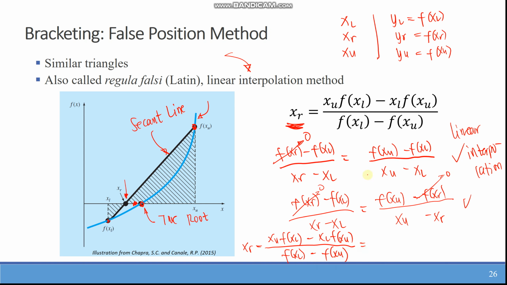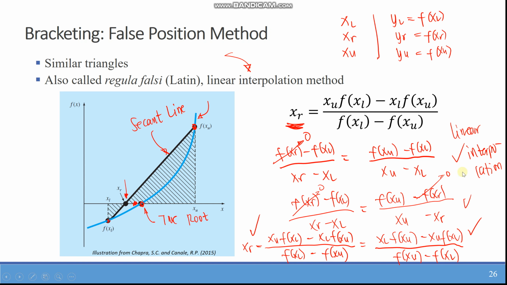Or you can also solve it as xl f of xu minus xu f of xl all over f of xu minus f of xl. Both of these are correct, and they will yield the same answer for the approximation of the root of the nonlinear equation.